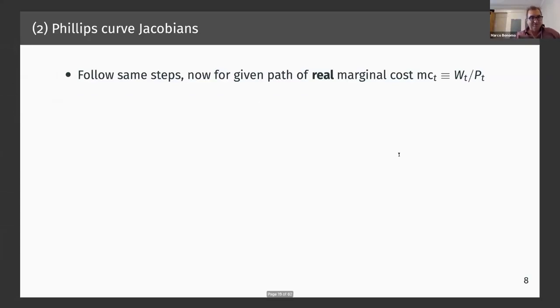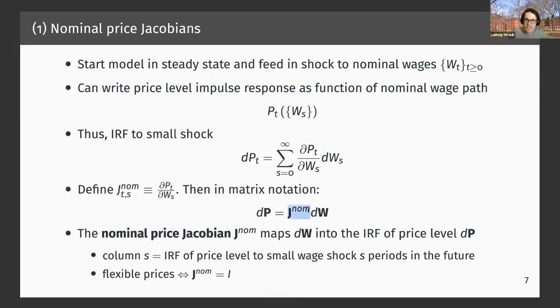Exactly. So basically what we do is we start with this J norm because that's really easy to compute in principle. We do use some speed ups, but at the end of the day, it's easy to compute because all I need to do is solve the menu cost model for specific one-time shocks. Maybe I feed in a one-time shock today to nominal wages, then I would get the first column as the impulse response of prices with respect to that one-time shock.